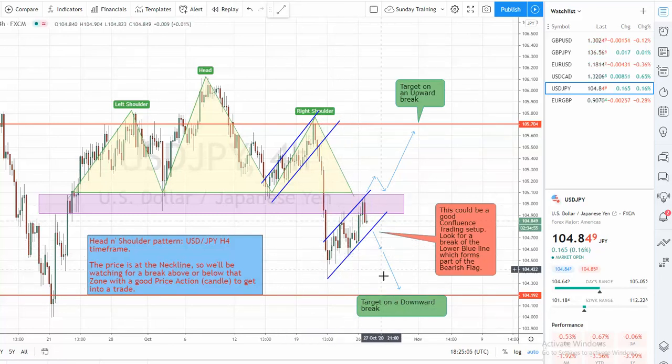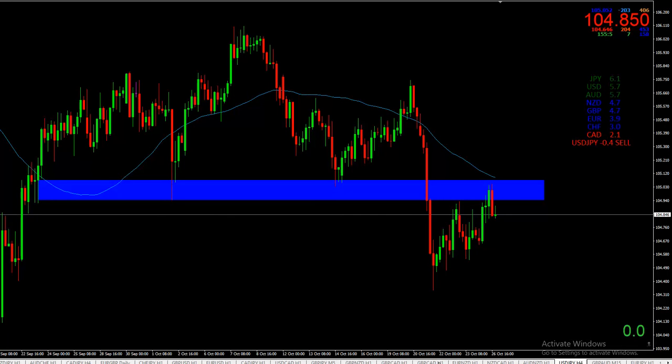But anyway, just to quickly show you the MT4. This is the same setup on the USD JPY I was showing you earlier on, with the flag being broken.